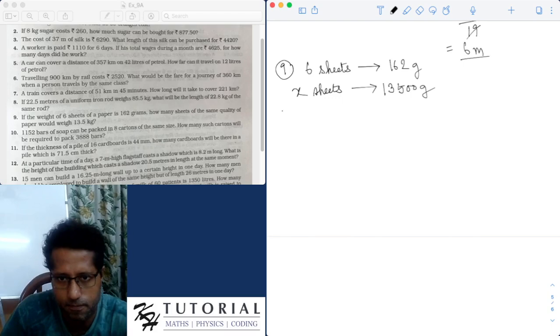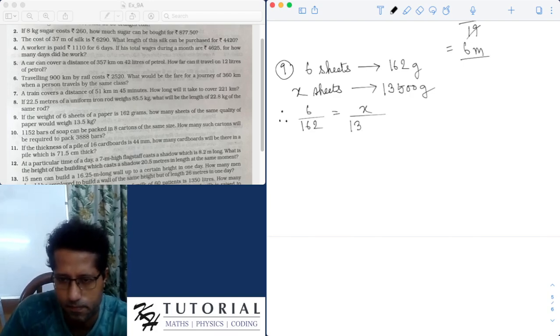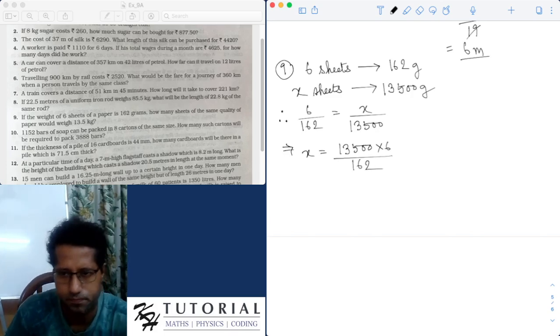Now we can apply the concept that the ratio is constant and say that 6 by 162 equals x by 13500. This implies x equals 13500 into 6 divided by 162.